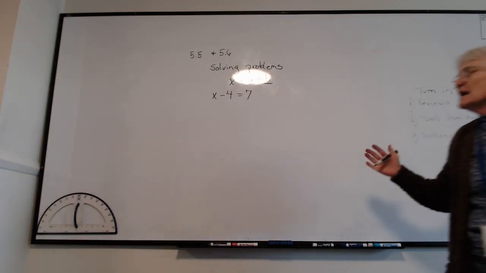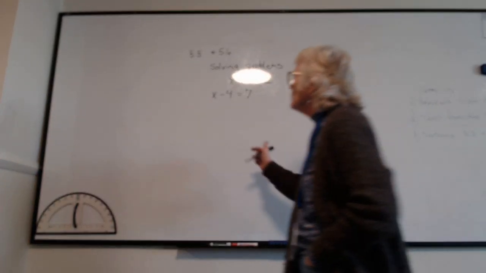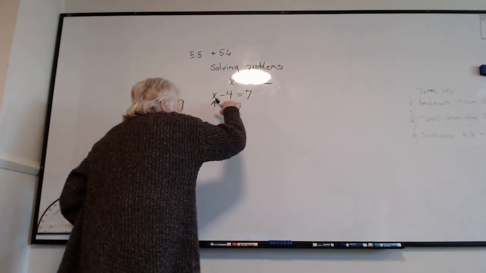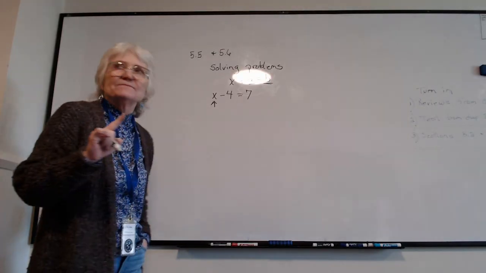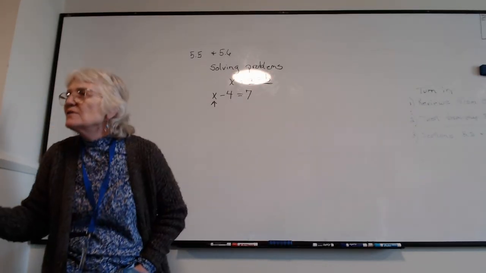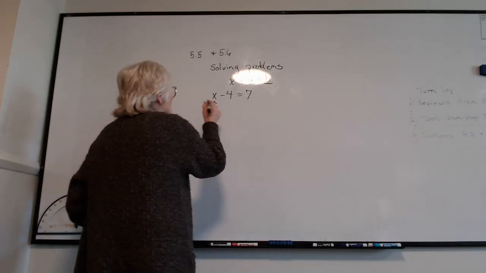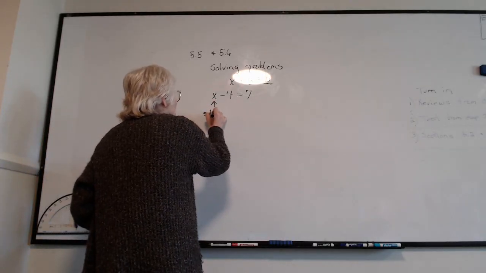Now, I want you just to think about that. There's only one answer to this problem. There's only one value that we can put in. When we subtract 4, we will get 7, okay? A lot of you can figure that out right now in your head, okay? But let's just talk about what it means to solve.